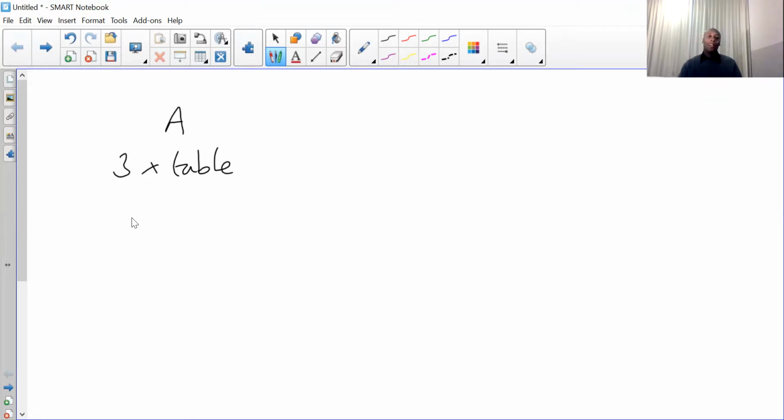And they say 3, 6, 9, 12, 15, and so on. In fact, they may know the 3 times table, but this is not proof of knowing what the 3 times table is. This is knowing that you can count up in 3s, that you know the sequence of counting up, adding 3 each time.